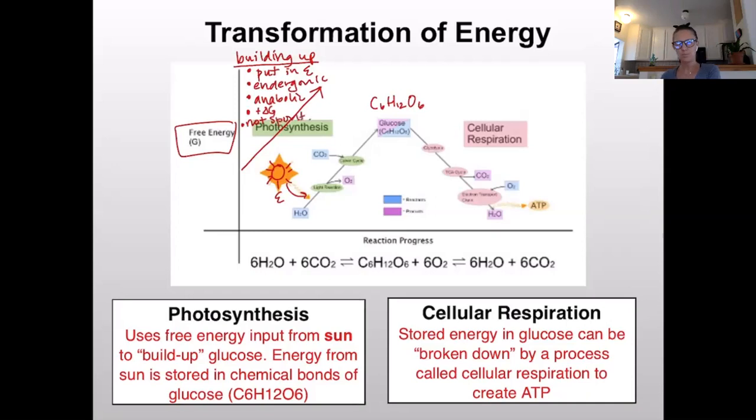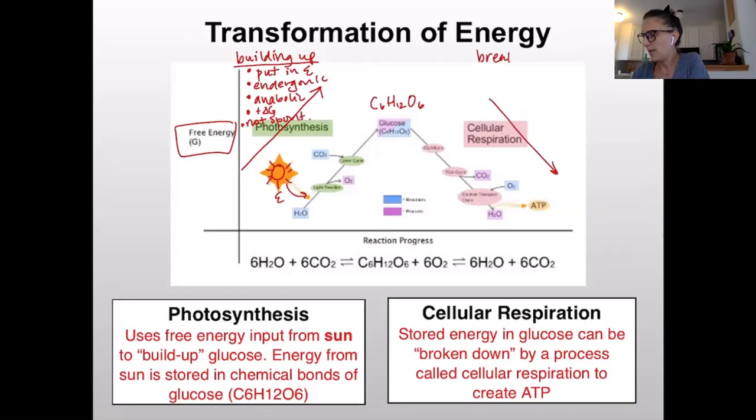All right. Cellular respiration is the exact opposite, where we're taking the energy stored in this glucose molecule and breaking it down through a process called cellular respiration, right? So when we break down glucose in cellular respiration, we are going to see a release of energy.